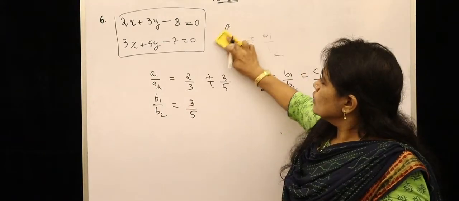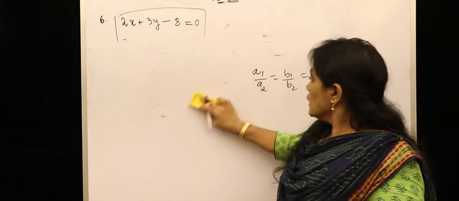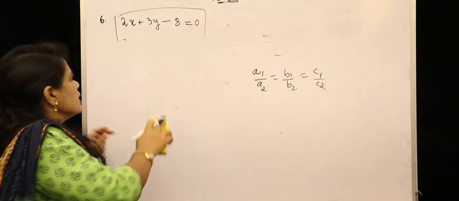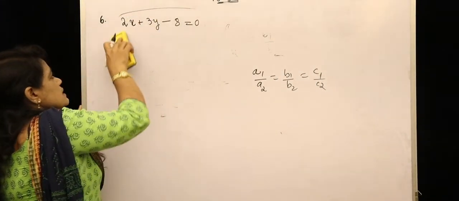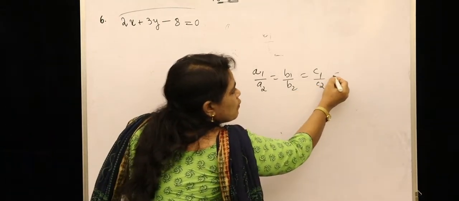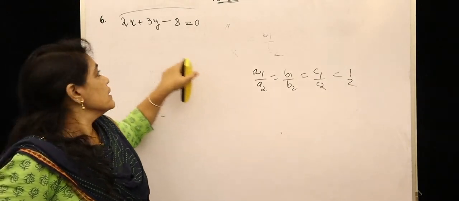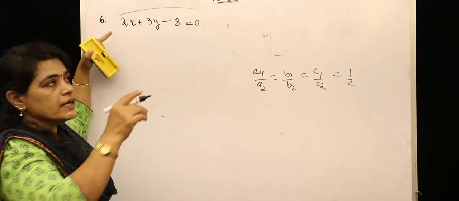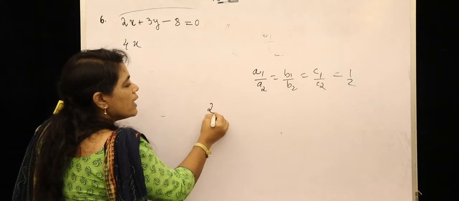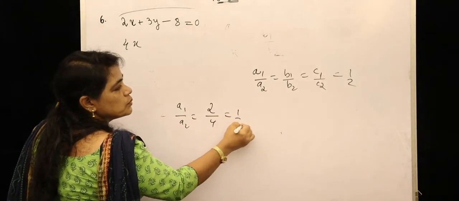So we need these three ratios to be equal. Children, I am fixing this ratio as 1 by 2. That means A1 by A2 is 2 by 4, equal to 1 by 2, so instead of 2x, I write 4x.